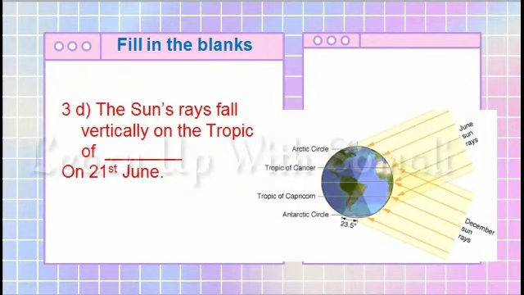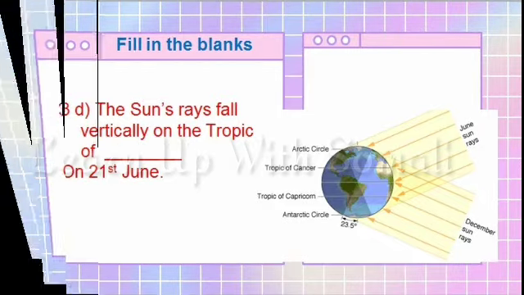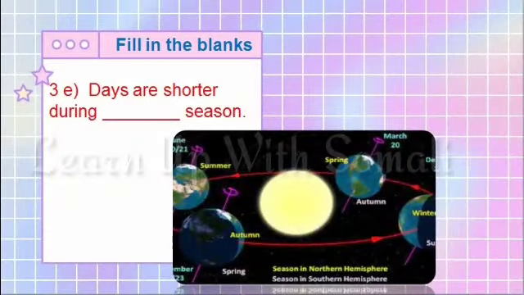In question number 3d, the Sun's rays fall vertically on the Tropic of Cancer on 21st June. Question number 3e, days are shorter during the winter season. That means in the winter season, the length of the day is shorter compared to the night.